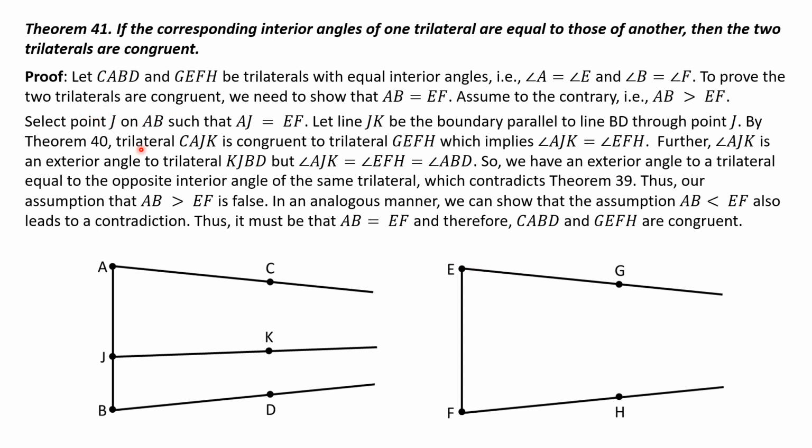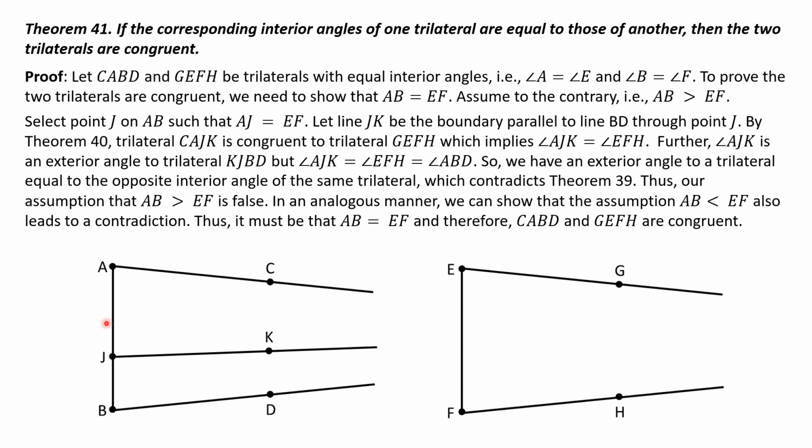Select the point J on AB, shown here, such that AJ equals EF, and let the line JK be the boundary parallel to BD through point J. So this is a boundary parallel to BD. By theorem 40, CAJK is congruent to GEFH.